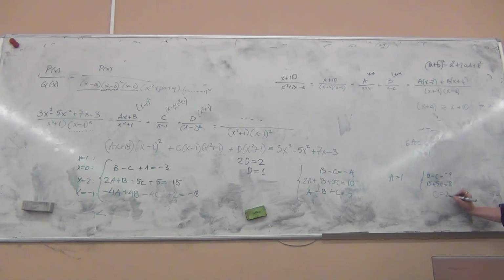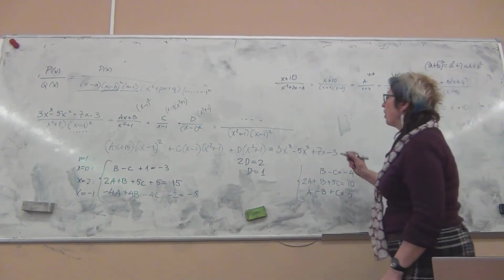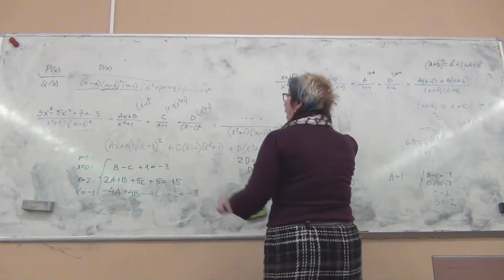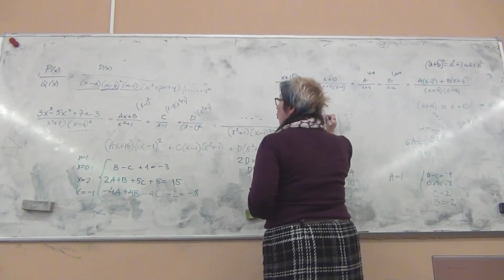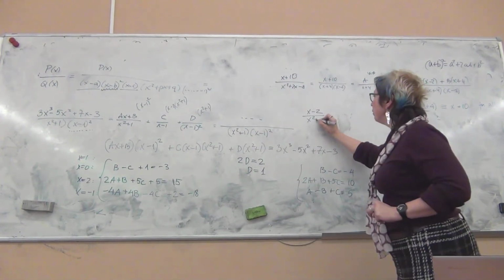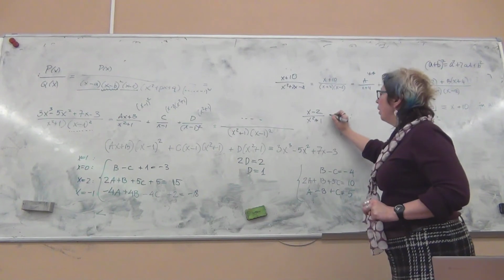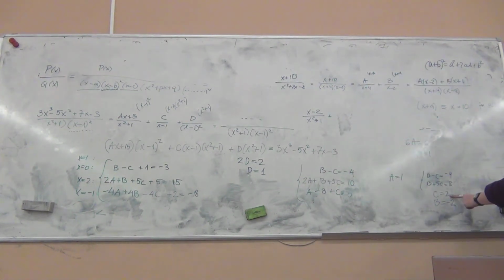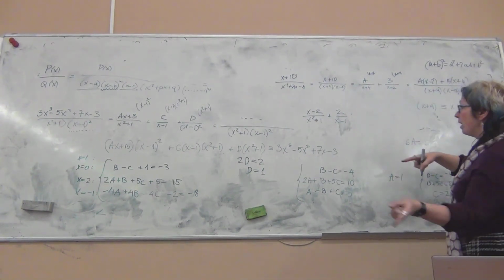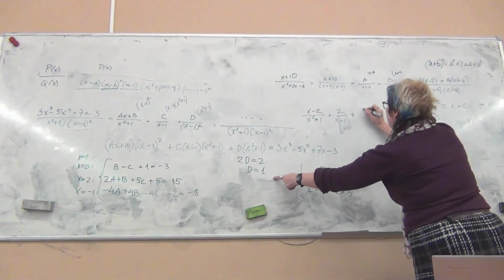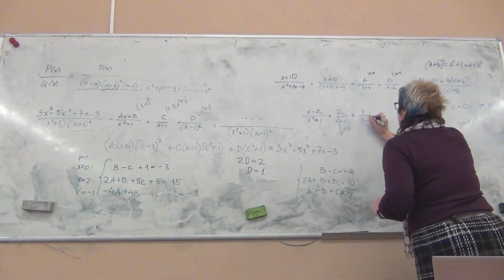So c is 2 and b is minus 2. Okay. So as a result, I can write that this is ax plus b, a is 1, b is minus 2, so (x minus 2) over (x squared plus 1), plus c is 2, 2 over (x minus 1). And d is 1, so it's plus 1 over (x minus 1) squared.